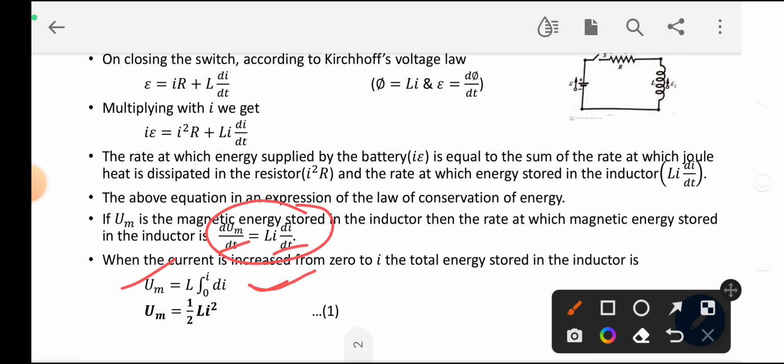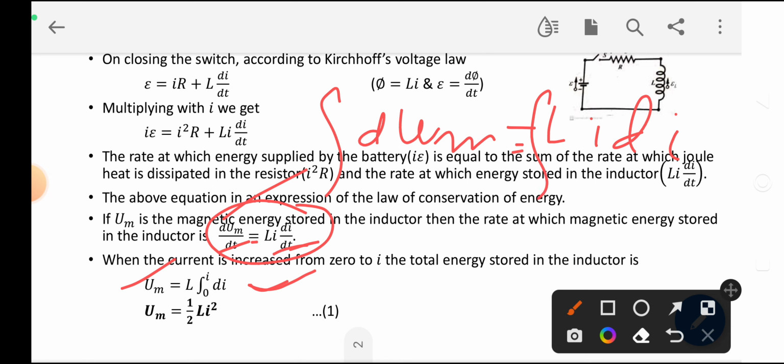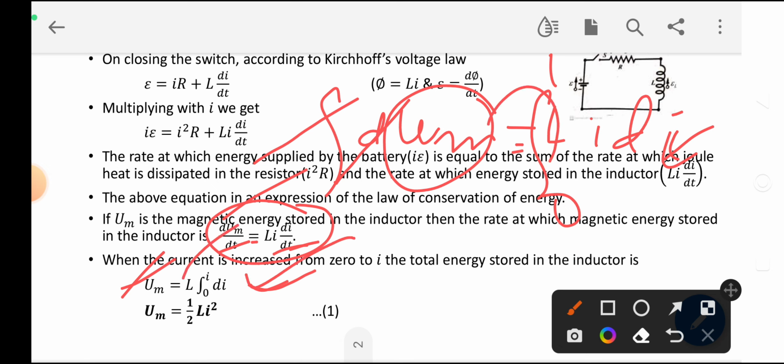After integrating, once again dU_M is equal to L i di, from this after cancelling dt. So integrating on either side, integration and differentiation cancel. What is there here? U_M. And here the integration is from 0 to I. Why? Because the current differential is there. So L is taken outside, constant.